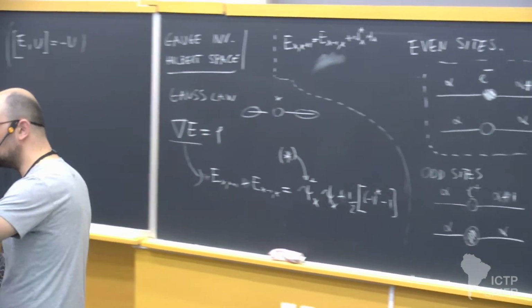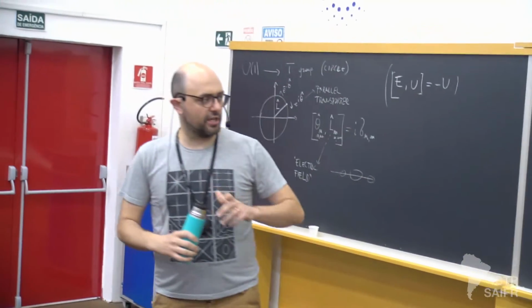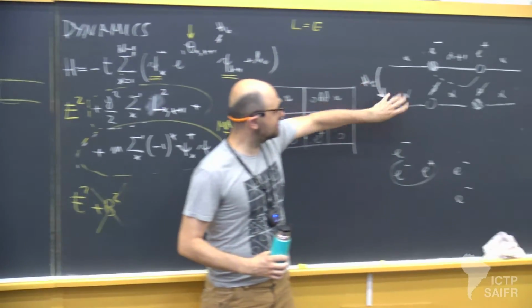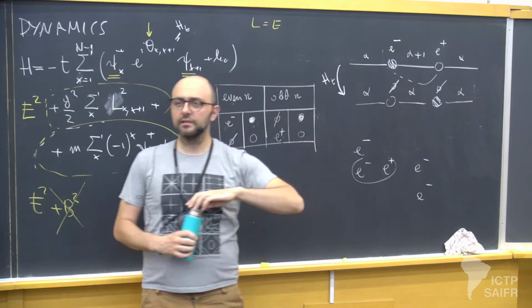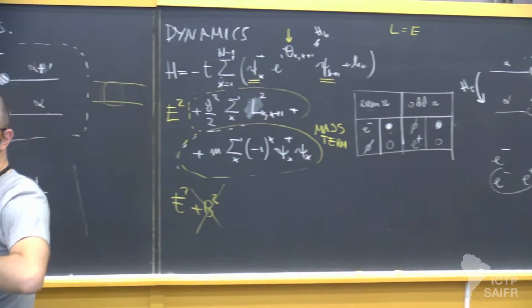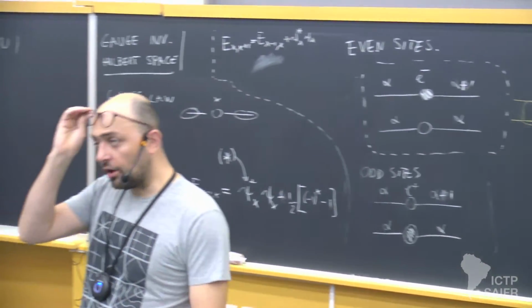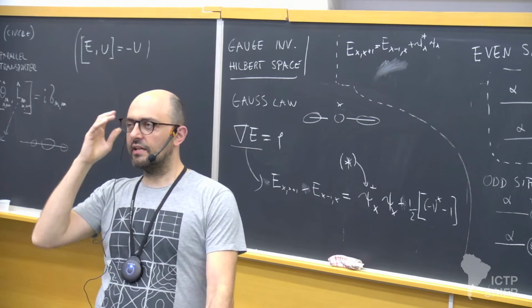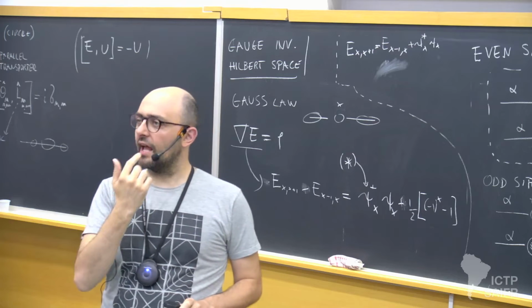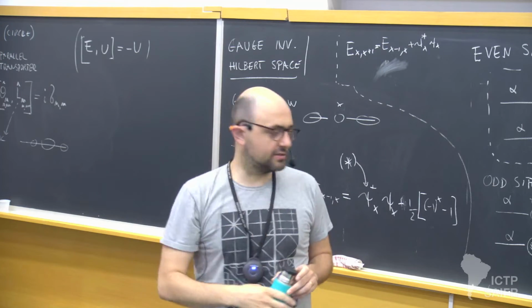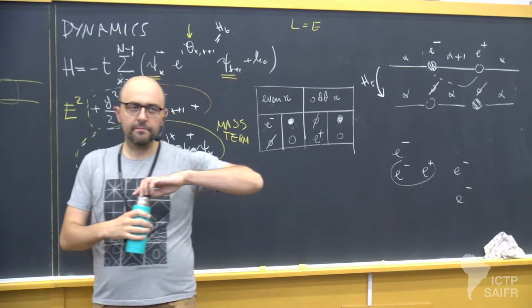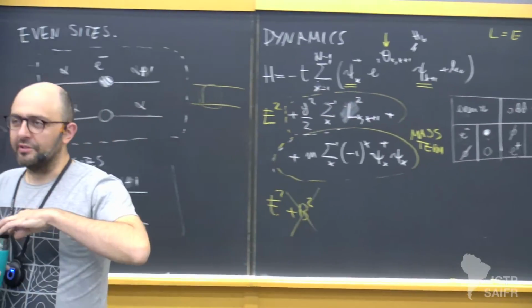No, there is also creation, because this term acts in this way, but if you apply this term on this, then you come back. So the Hamiltonian, as it is written, only contains particle-antiparticle creation. It does not contain any kinetic energy of the particle. These are really true virtual processes, which is very counterintuitive.